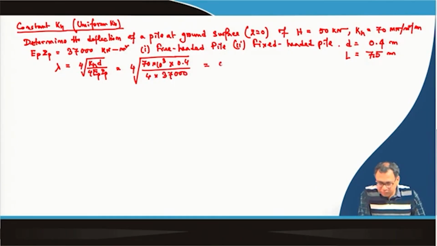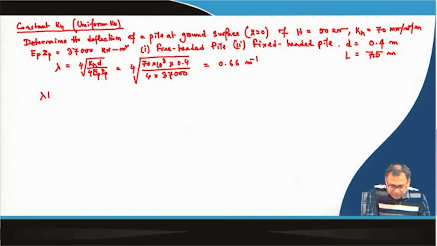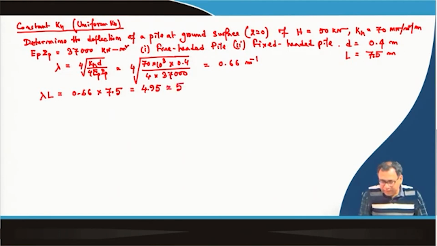So, this is equal to 0.66 meter to the power minus 1. So, the lambda L value is 0.66 into 7.5. So, this is 4.95, which is close to 5.